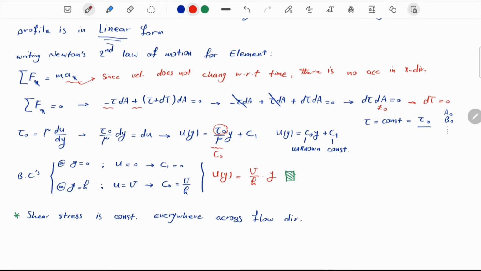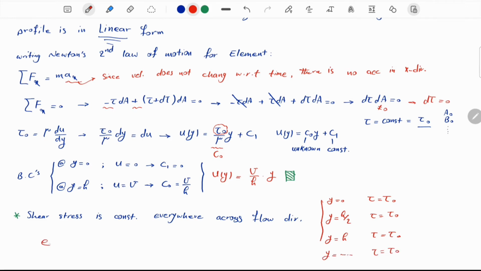What does it mean? It means that if you are at y equals 0, shear stress is tau naught. If you are at y equals, for example, h over 2, half the distance, tau equals tau naught. If you are at even h at the top plate, tau equals tau naught. If you are at y equals whatever you want, tau equals tau naught.